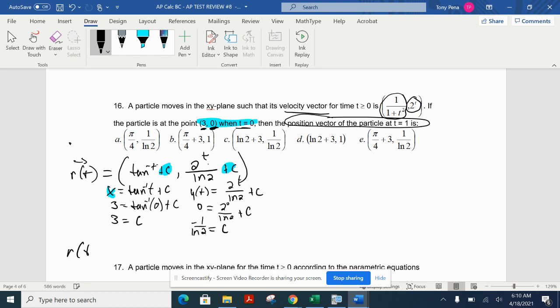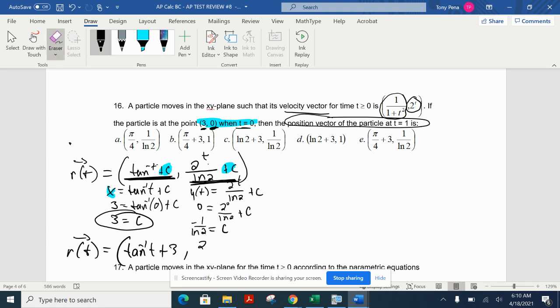So we can now go ahead and write our position equation. We're going to take this inverse tangent of t, and we found that c to be a 3. And then we're going to take our y position, so 2 raised to the t over the natural log of 2, minus the 1 over ln of 2.